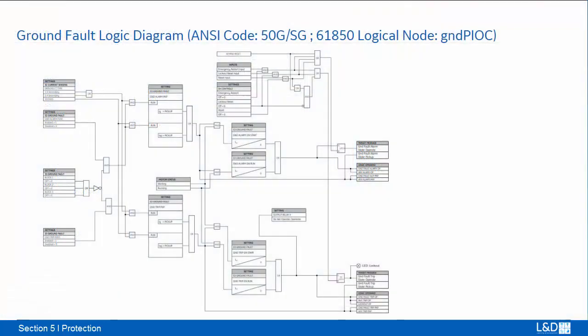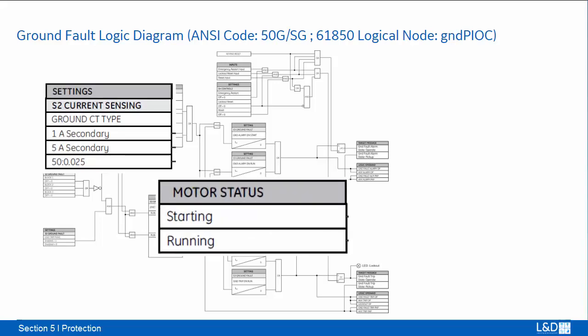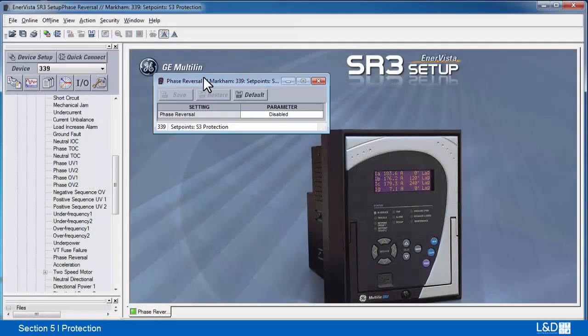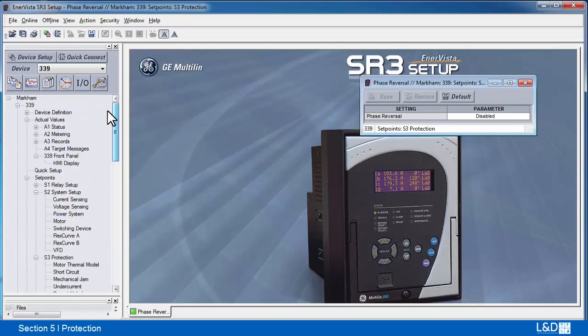In the logic node of ground fault, we can see the pickup is related to the ground CT type. The delay is related to the motor status. Phase reversal can be used to detect the phase rotation of three-phase voltage. This setting is related to the system rotation setup under power system.